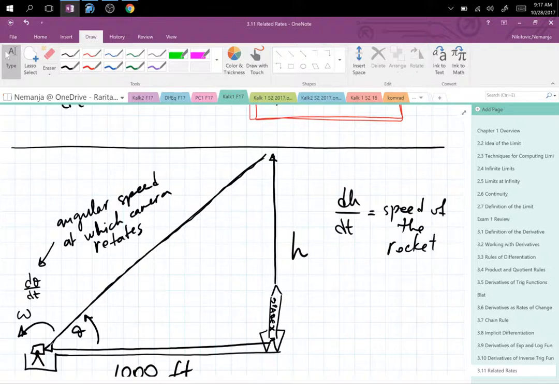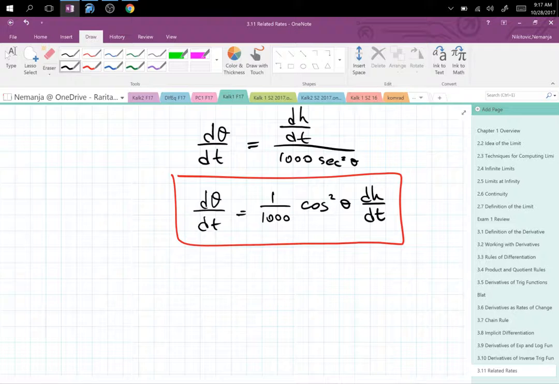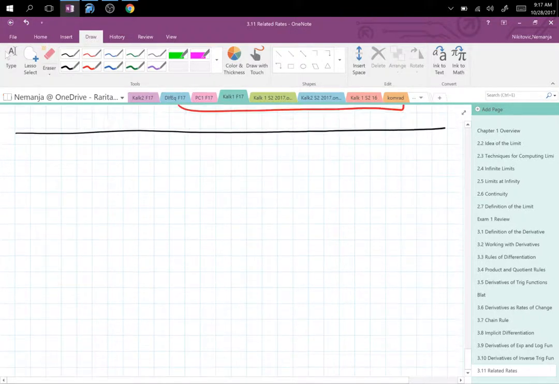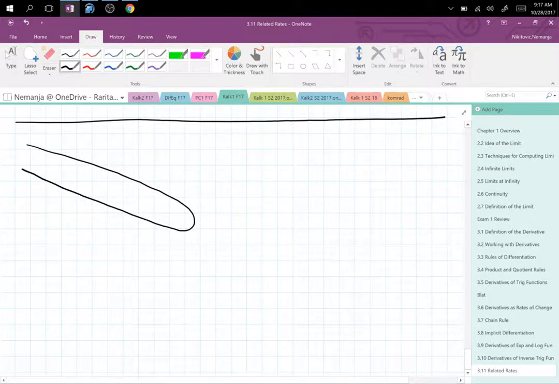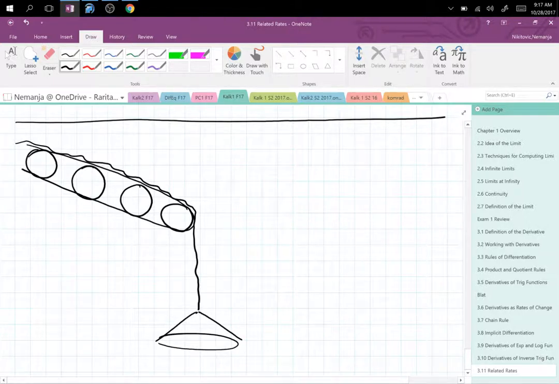So that will be that type of question. Let's see what else cool thing we can do. Ooh, more engineering. So we have a conveyor belt, some sand is coming down a conveyor belt, and it falls onto a conical pile.